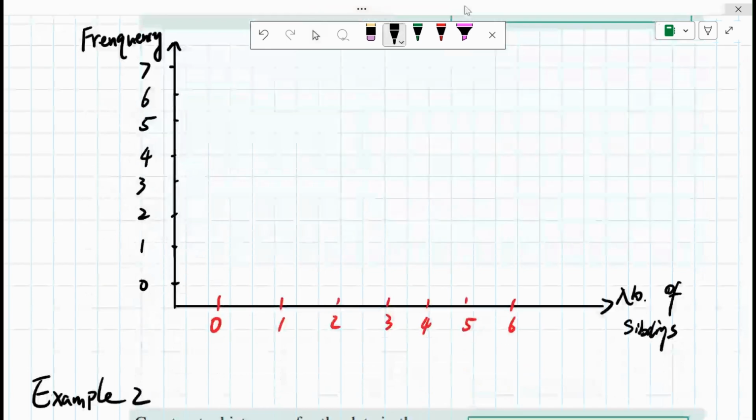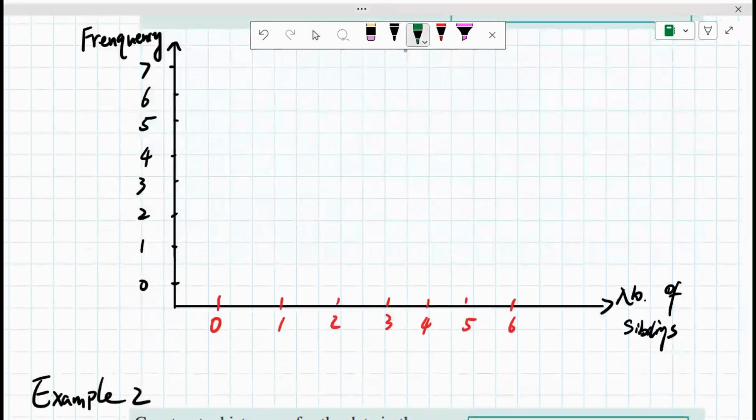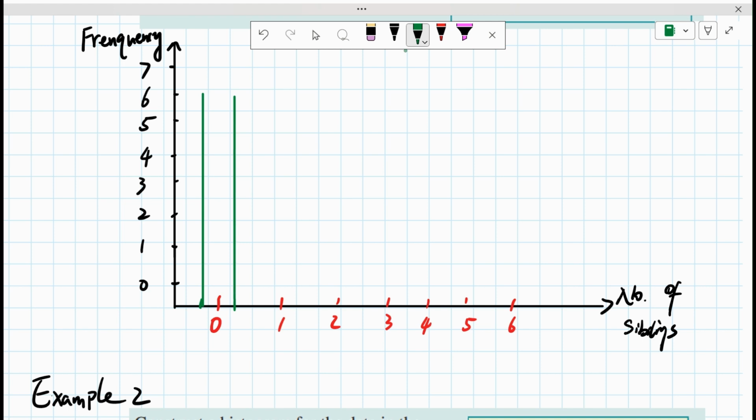So we can draw the graph in green. Six is from the middle line, from here to here. So 6 for 0.